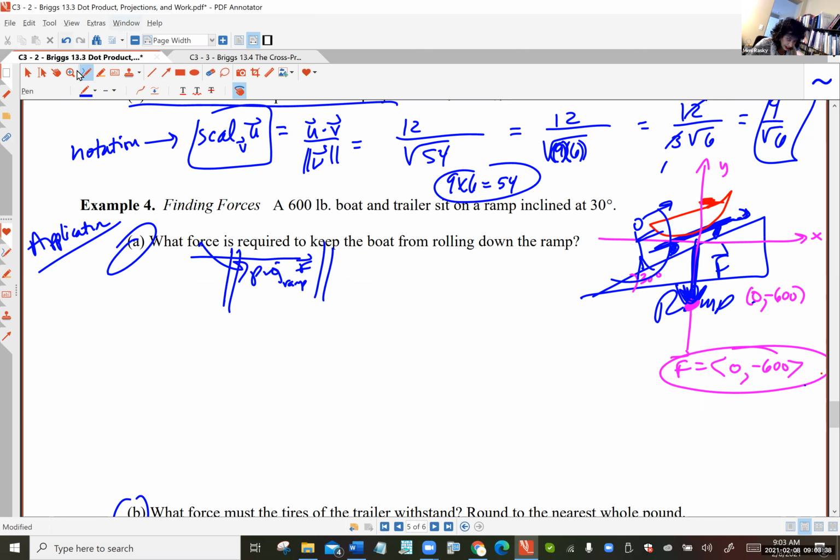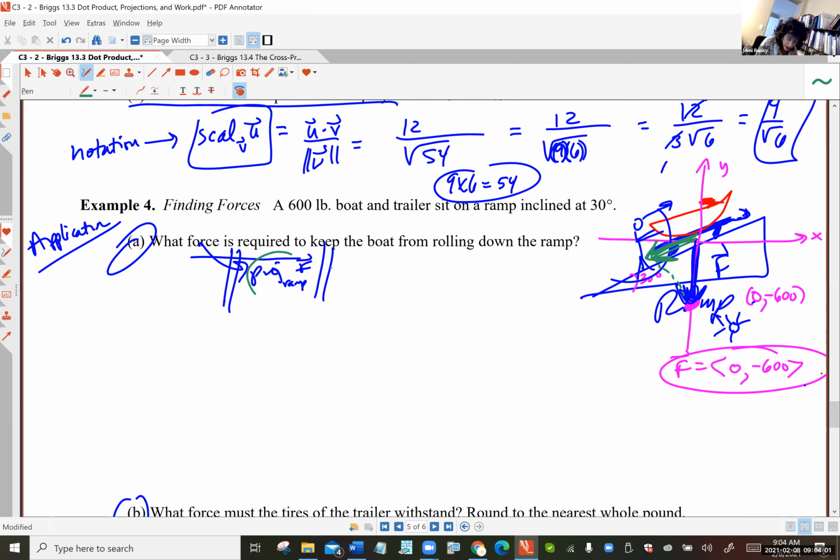And then the picture of that, if I were to shine a bright sun here, and I know suns don't point upward, but the ramp is now the ground, so you have to sort of think upside down. The projection of F onto the ramp is going to be the shadow, and it's going to be this green vector here. That's our W1, essentially.